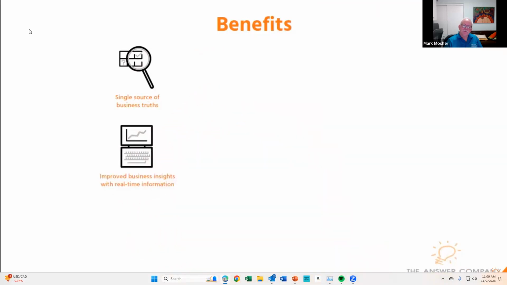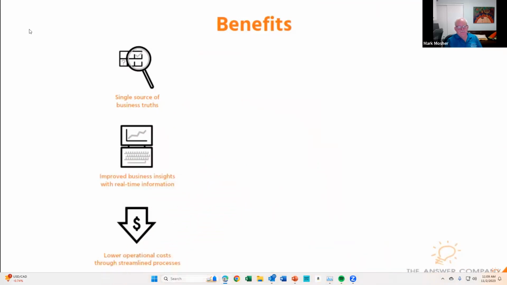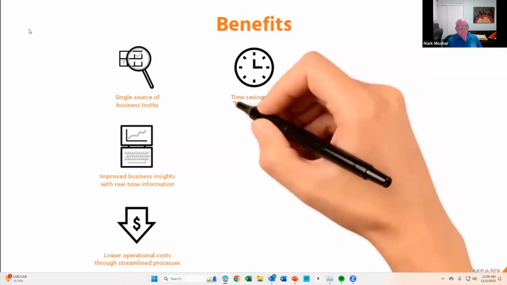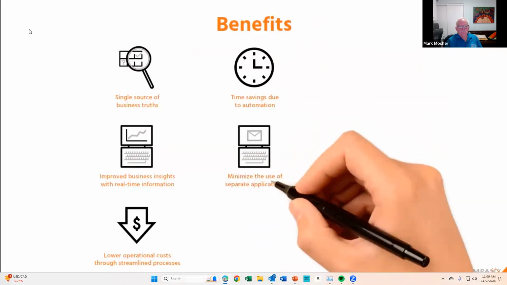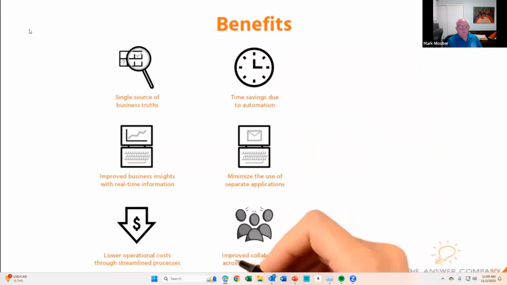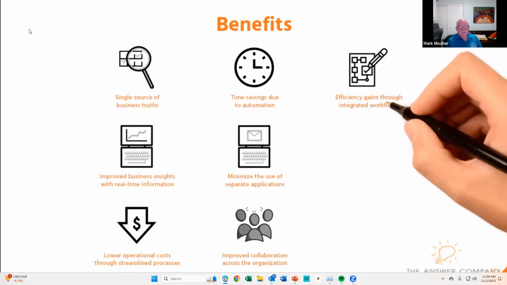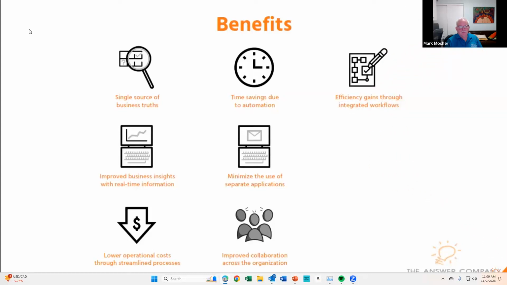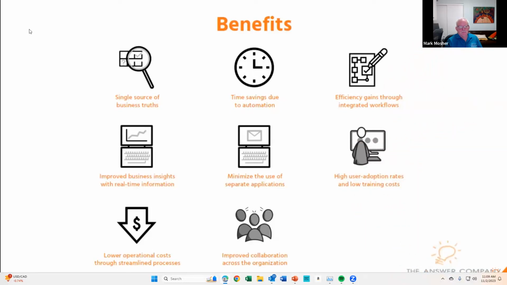There's improved business insights with access to real-time information, lower operational costs through streamlined business processes, time savings due to automation of routine tasks, minimized use of separate applications and the associated duplicate data entry, improved collaboration as users share common data across the organization, efficiency gains through integrated workflows spanning operational tasks, higher user adoption rates and lower training costs thanks to a common user experience, and reduced risks through improved data integrity, security, and financial controls.